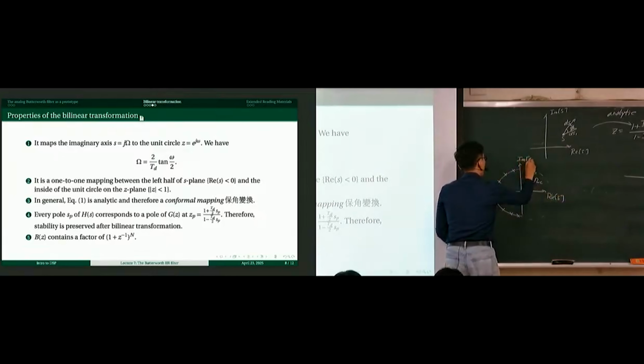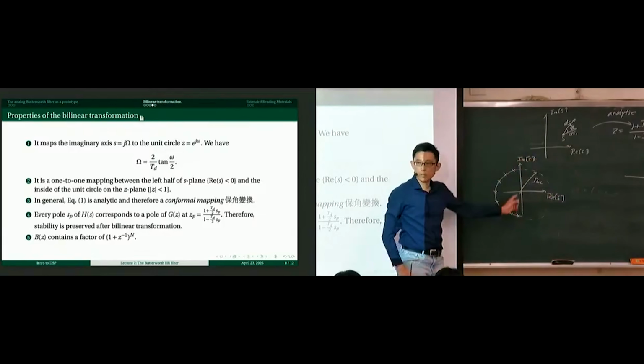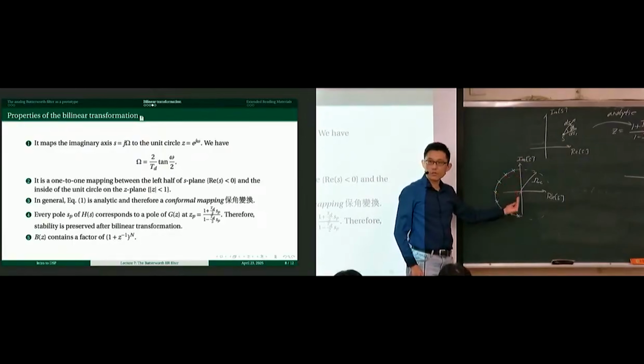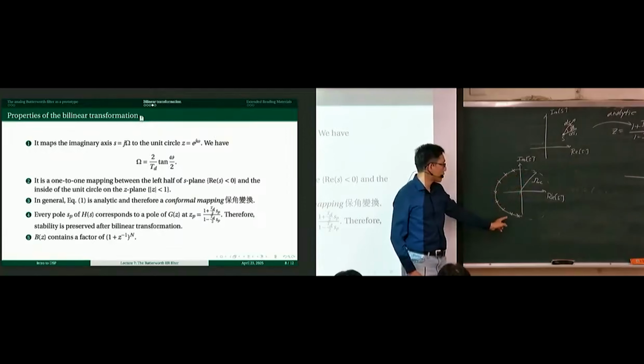We didn't emphasize this, but there's a reason why we put the poles to the left-hand side. We place all the poles to the left of the imaginary axis.